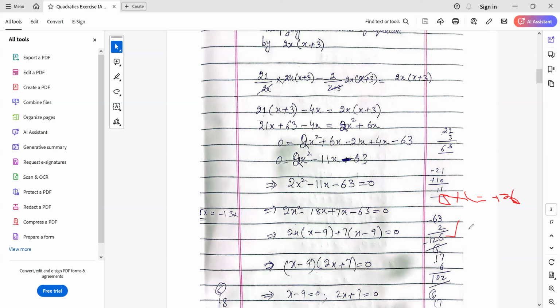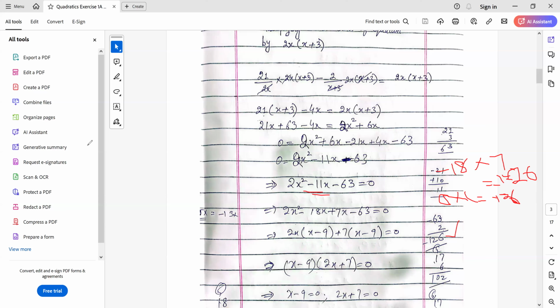Okay, and now we know that minus 18 multiplied by positive 7 also becomes equal to minus 126, and minus 18 plus 7 will become minus 11.